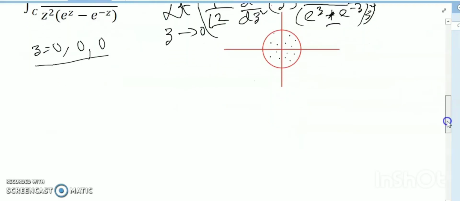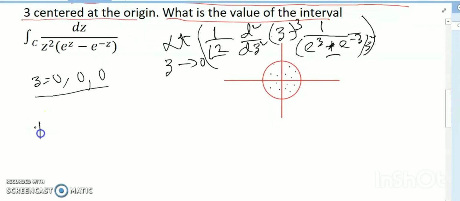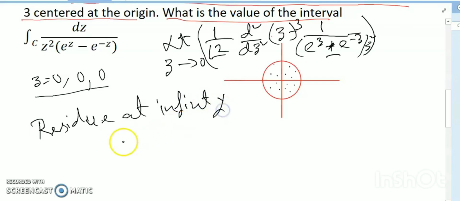So this formula is another, residue at infinity. There is a lot of process in complex analysis.